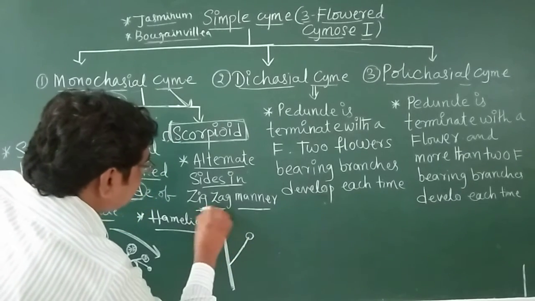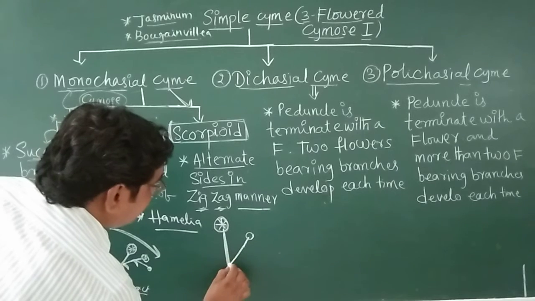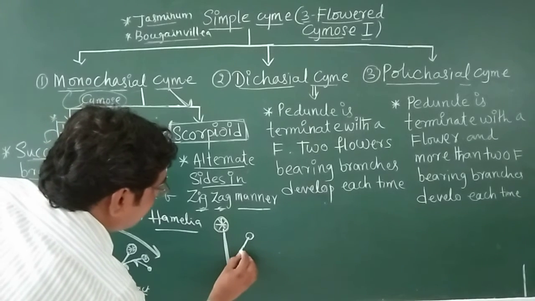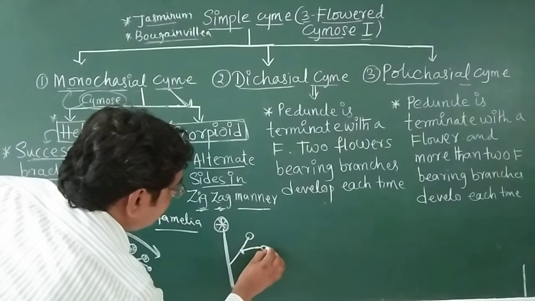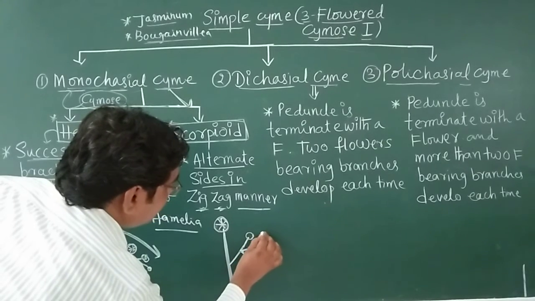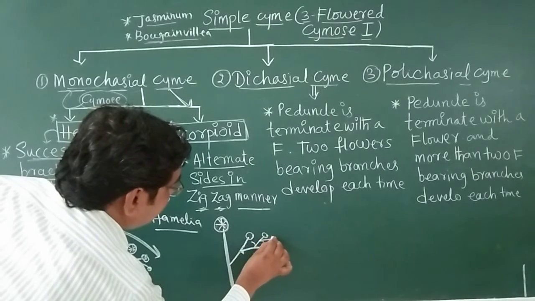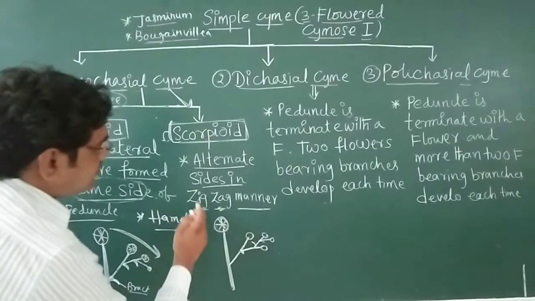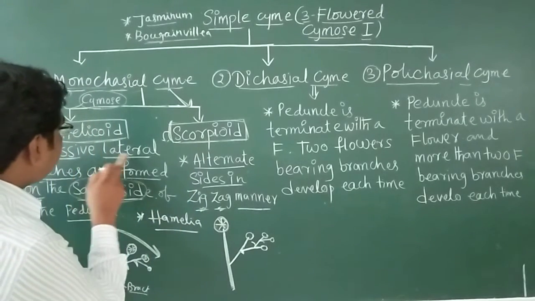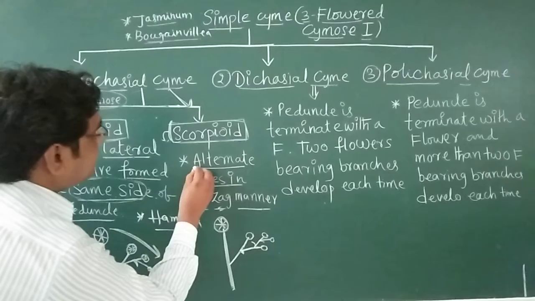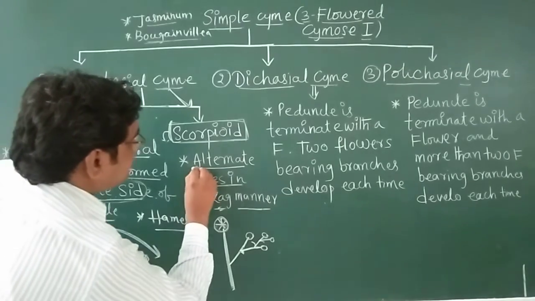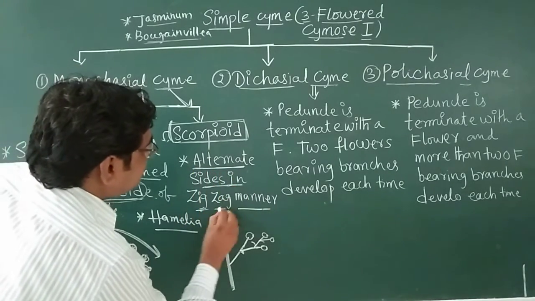So in the zigzag manner, one flower is formed at the left side like this, one flower is formed from here, and one flower is formed here, again one flower is formed like this. So the successive lateral branches are formed on alternate sides in the zigzag manner.